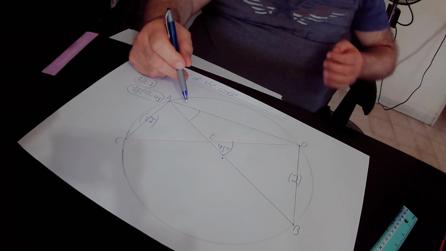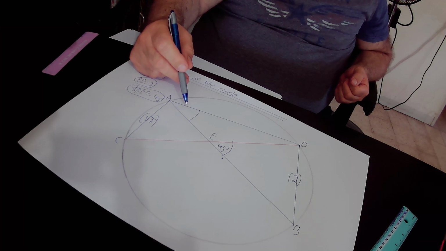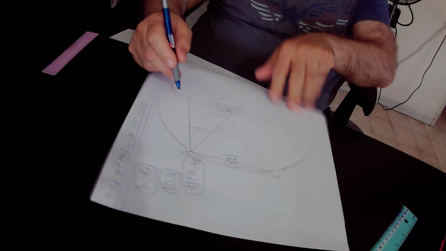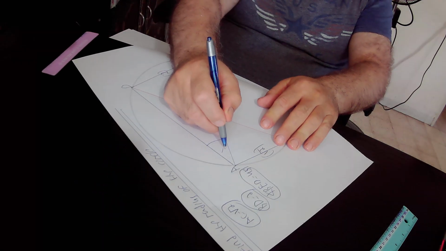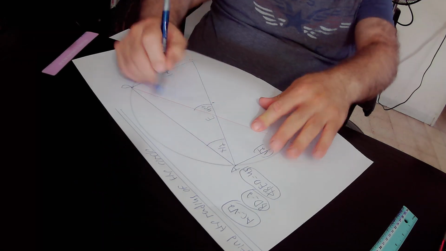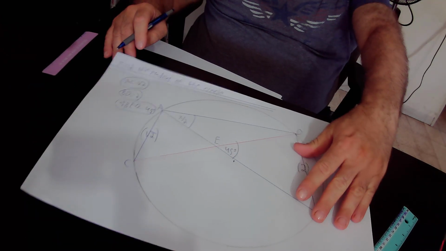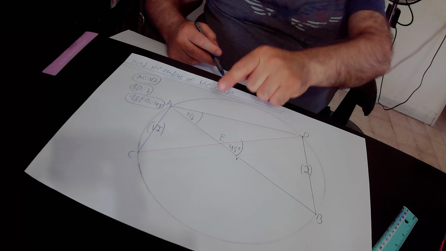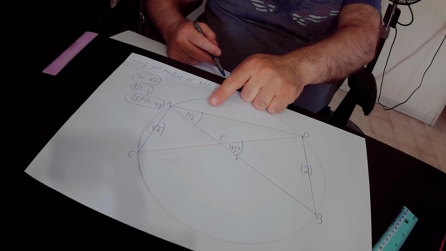We define the size of this peripheral angle DAB as x over 2. Repeat again, peripheral angle DAB that is subtended on chord DB is equal to x over 2 degrees according to our definition.